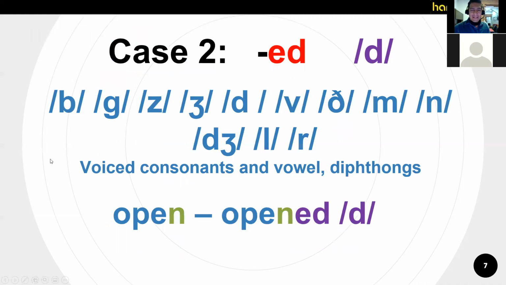Then we have case number 2, when the -ed is pronounced like a D. This sound is a little bit similar to a T, but not completely.